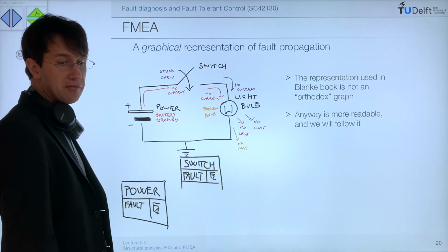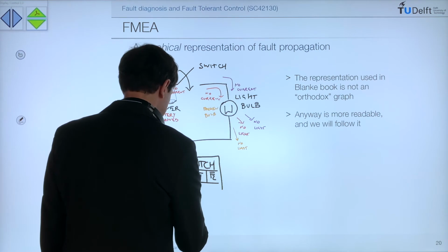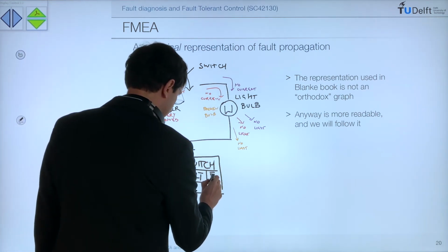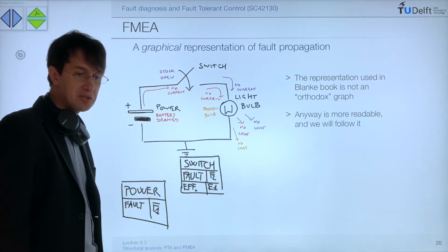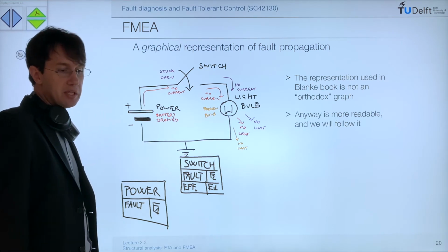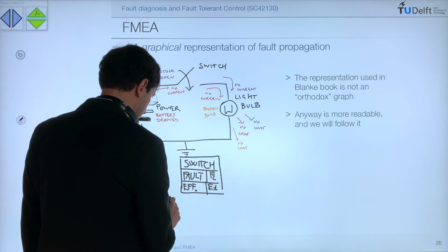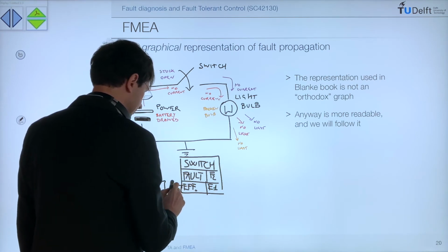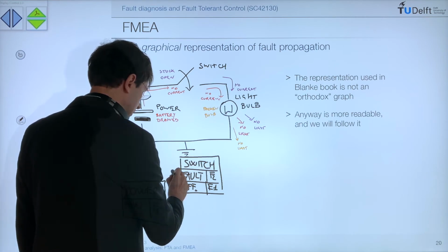But we also have effects propagated from the battery level. So we have one effect that we call E1. And this is no current because the battery is drained. So in order to visualize this, we are introducing a connection from this fault to this effect. So this is the propagation of E1.